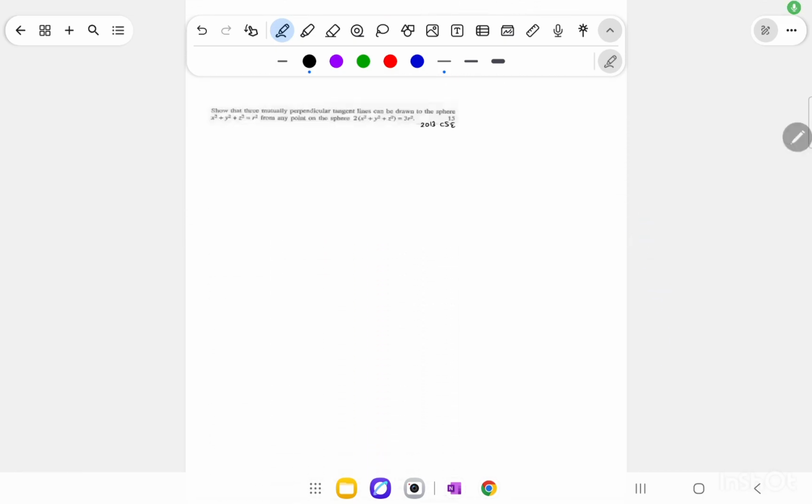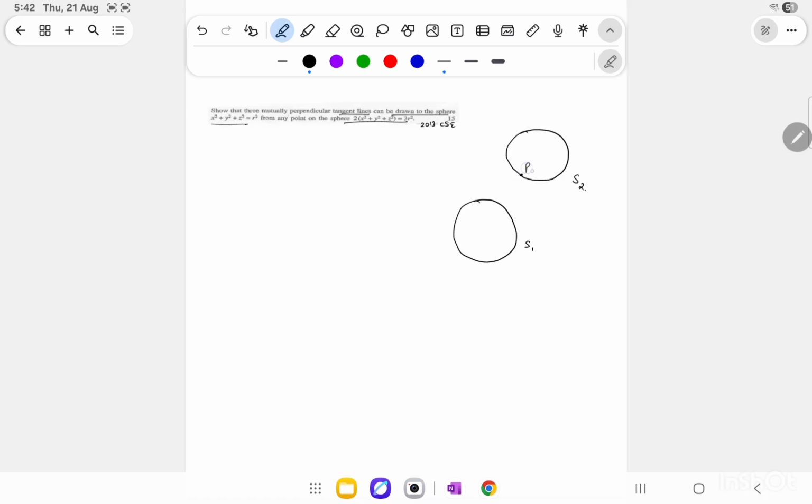So the next question says that show that three mutually perpendicular tangent lines can be drawn to this sphere from any point on this sphere. So they have given us two equations of spheres. Let us name them sphere S1 and sphere S2.